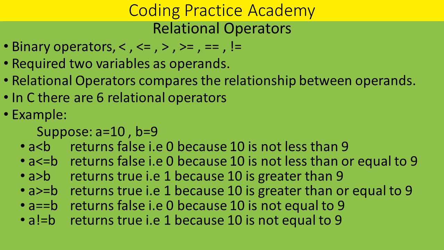The output is false in this case, when A equals 10 and B equals 9. Why? Because 10 is not less than 9.